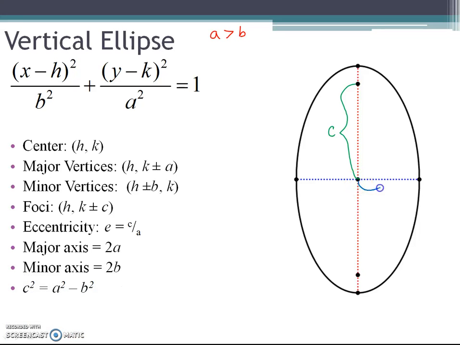This distance right here from the center to the minor vertex is B. And this distance right here from the center to the major vertex is A. Often I will just use capital M for major vertex. Often I will use lowercase m for minor vertex.